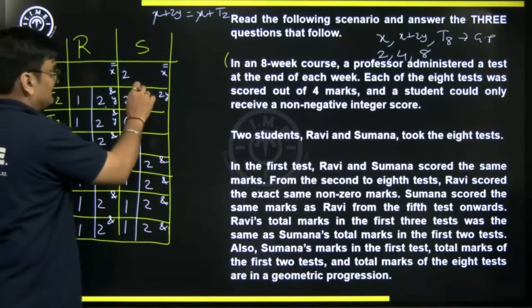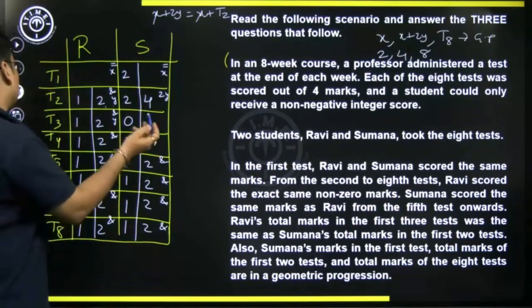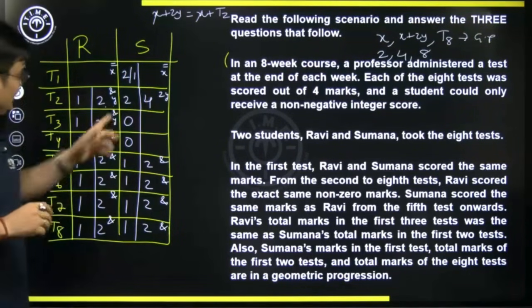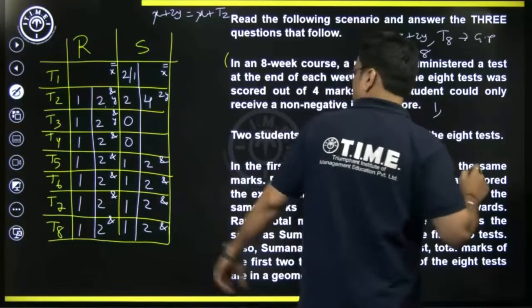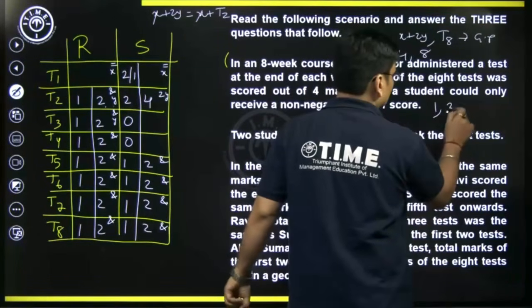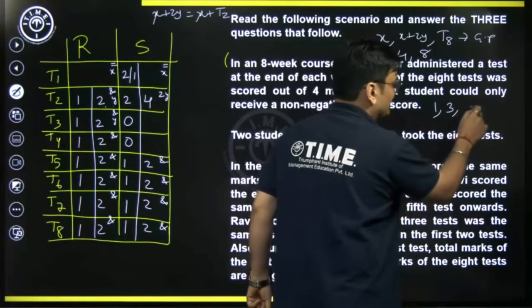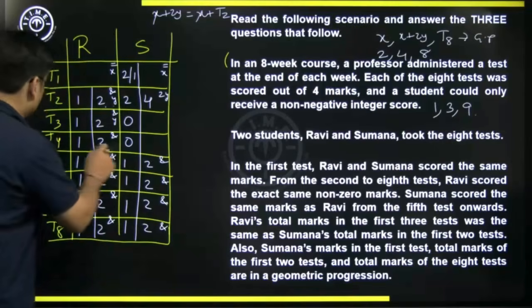So x can be 2. Now let's take one more. Here can x be 1? Let's check. If x is 1, the score in the first 2 tests, I am taking the first case only, will be 3, 1 plus 2. So that means the value is becoming triple, so the score in the 8 tests should be 9. So the sum of total scores here should be 9.